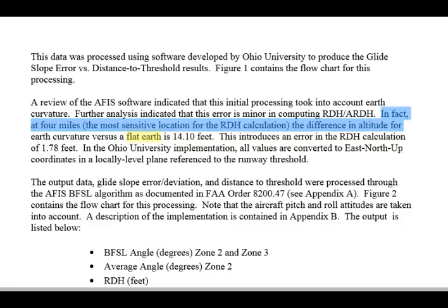This introduces an error in the reference datum height calculation of 1.78 feet. In the Ohio University implementation, all values are converted to east-north up coordinates and a locally level plane referenced to the runway threshold. There you go.